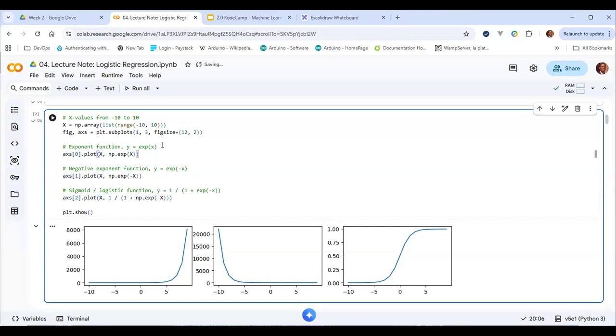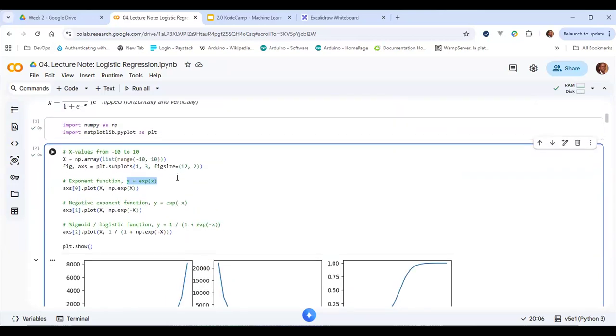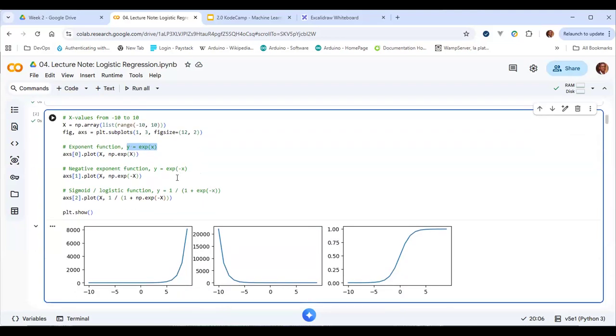We start off with an exponential function, which is y equals e to the x. That's what this first function is. Then after that, we do y equals e to the minus x, and that gives us this.